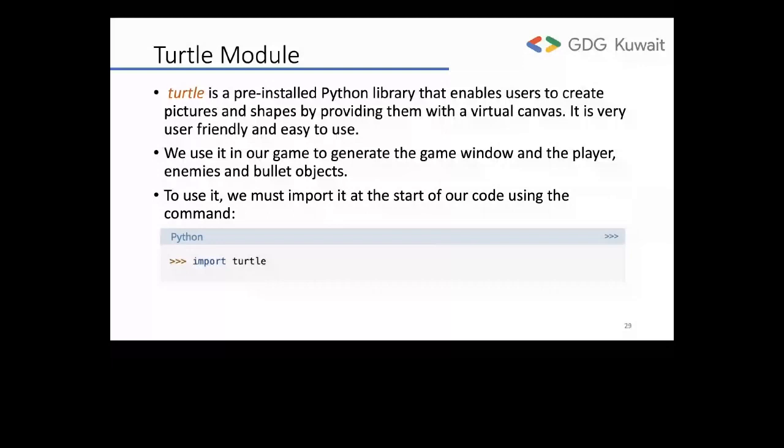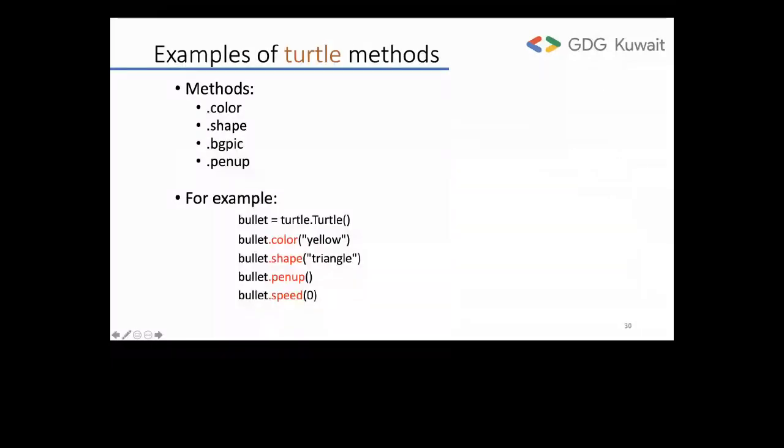Okay, and it has these methods. So let's say we have a variable named bullet. So we will call, first of all, import turtle. Then we will write this code: bullet equals turtle, the module, dot turtle, the method.